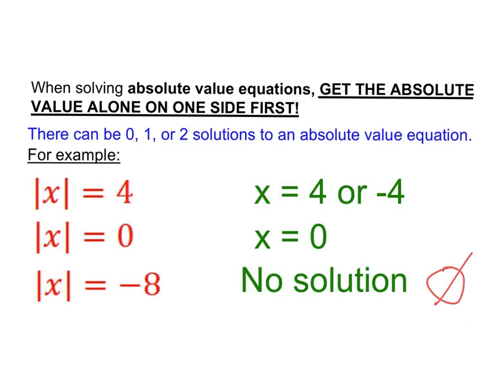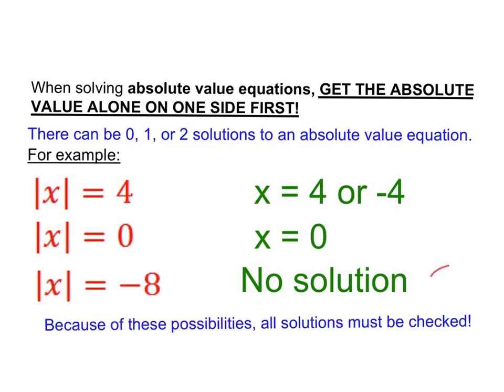Now, because there are these three possibilities, here's what you're going to have to do every single time you have an absolute value equation. You have to check your solutions. Even if the directions don't say to check, you have to check them.